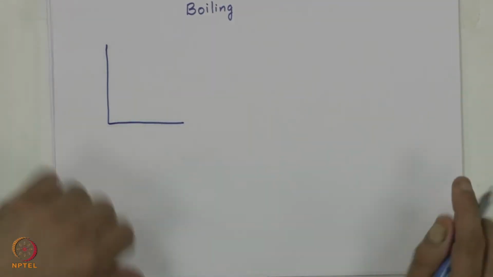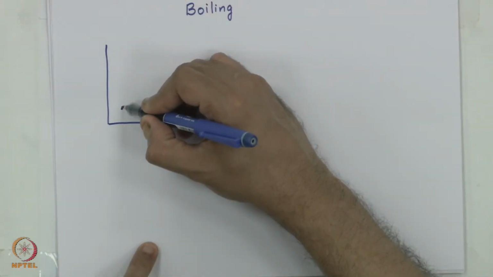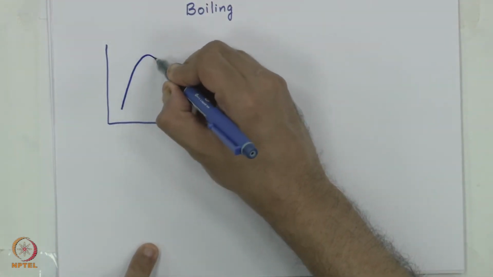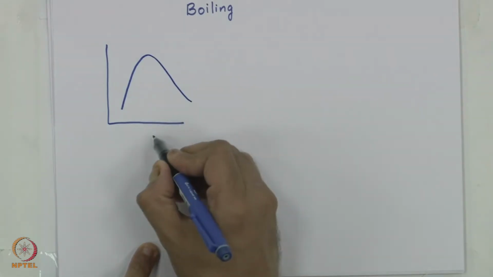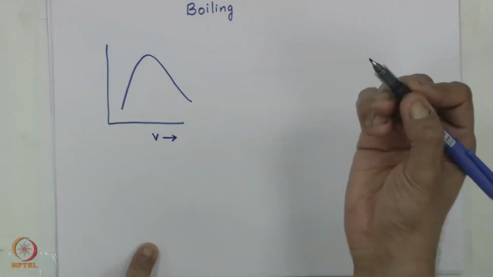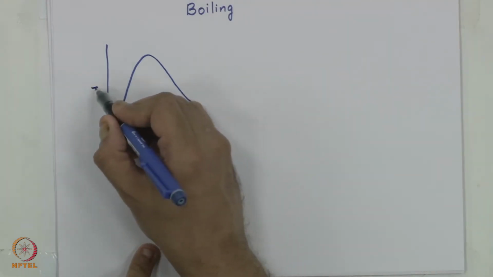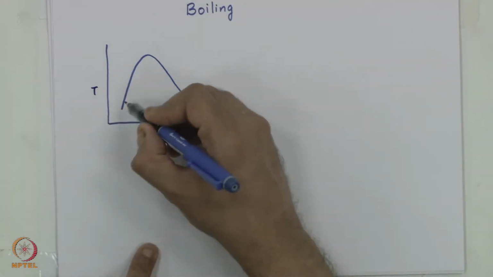We have what is called a PV diagram and a TV diagram, and that essentially was given to us by a dome like this. And if I draw the V axis here, and this could be P or T, let me take it as a TV diagram.